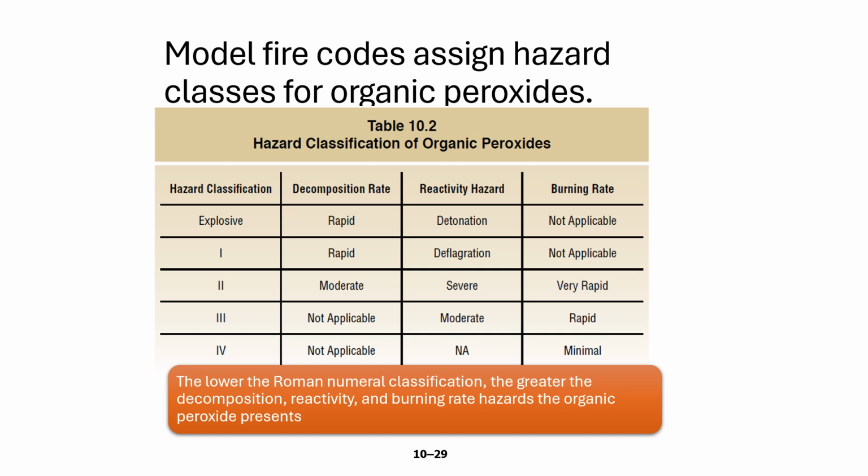If you look at table 10.2, which is found on page 392 of the manual, spend a few minutes looking at it. We're looking at anywhere from the most volatile to where we're going to get a detonation.